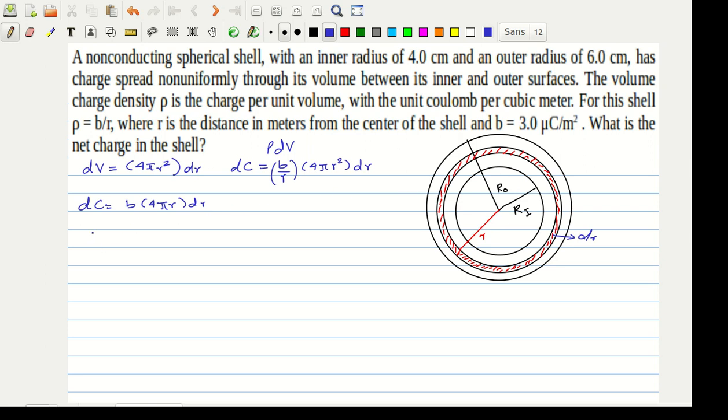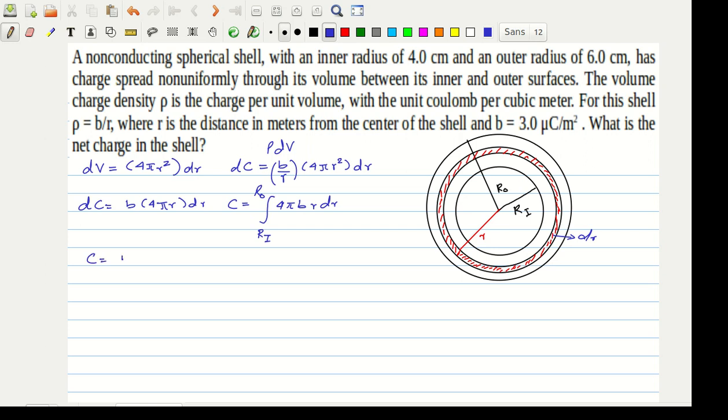So the total charge C should be simply the sum of all the infinitesimal shells, from the radius Ri, which is the inner radius, to Ro, of 4 pi B r dr. Now we know that 4 pi B is constant, so we can take it outside.